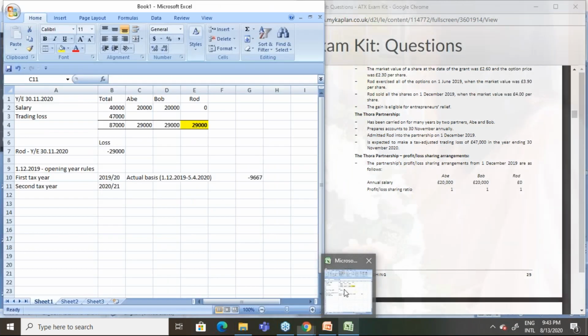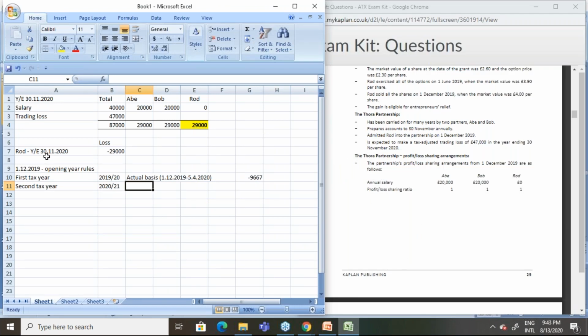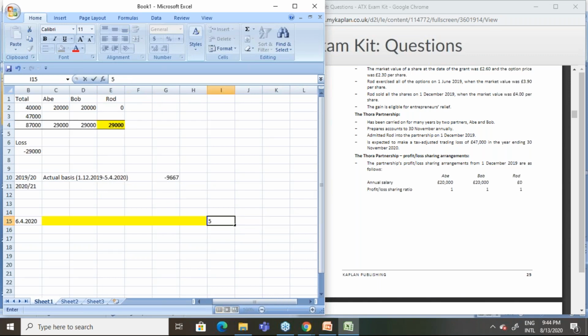So, your period of account ends 30th November 2020. The second tax year starts on the 6th of April 2020 and ends 5th April 2021, right?